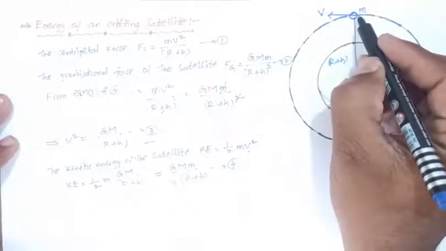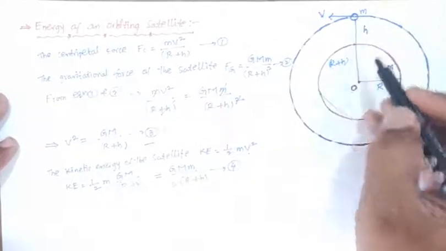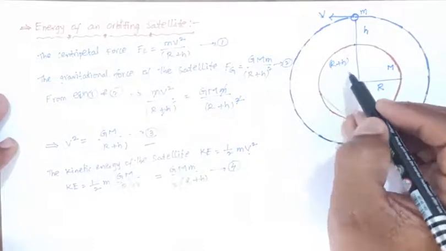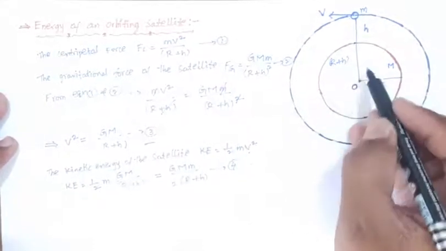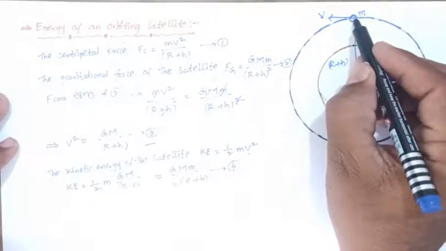When a satellite revolves around the Earth at a certain height from the center of the Earth, the distance is R plus h. So it has gravitational potential energy at this point.